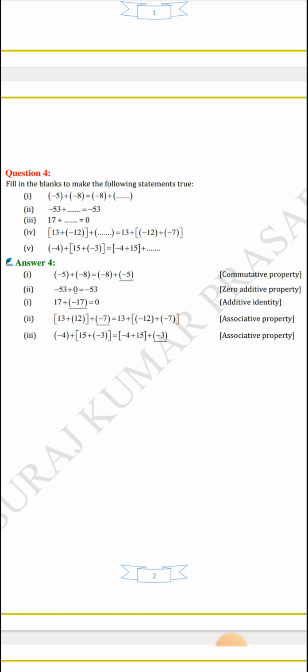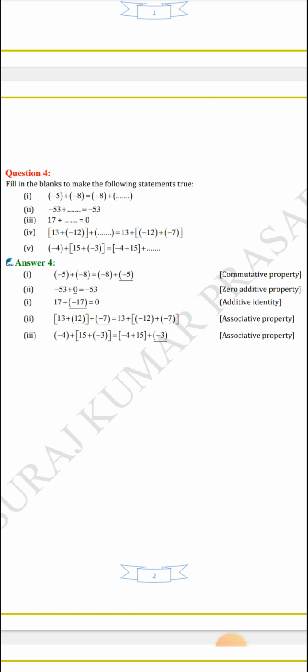Here the missing one is 13, so that we can replace this blank with the 7. This is because of the associative property, a plus b, then c in the bracket. Then on the other side a, and b plus c in the bracket. This property is suitable here.